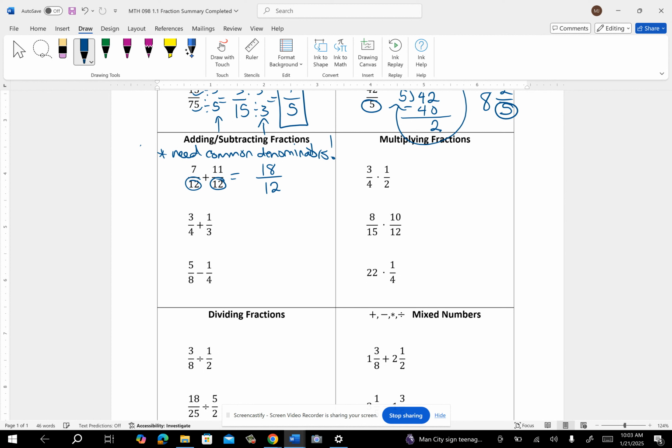But then don't forget, if you wind up getting something like this to happen, where 18 and 12 have a common factor, if you notice, after you do that, your fraction has to be fully simplified. So there you might notice those are both divisible by 2, which would give me a 9/6, but then that's both divisible by 3.